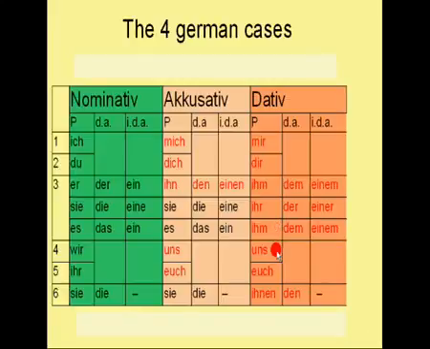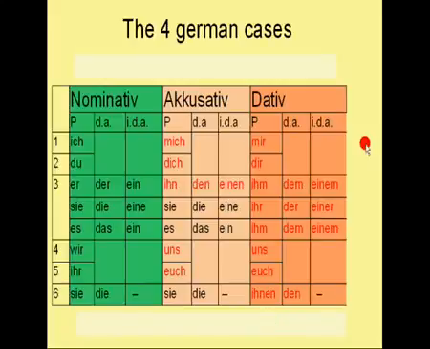The dative pronoun for the first person plural is uns, just like in the accusative case, but unlike in the nominative case where it's wir. The dative pronoun for the second person plural is euch, and for the third person plural it's ihnen.